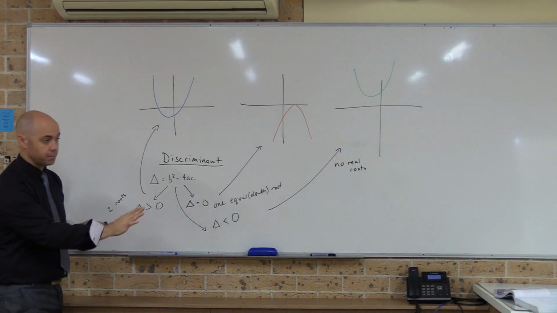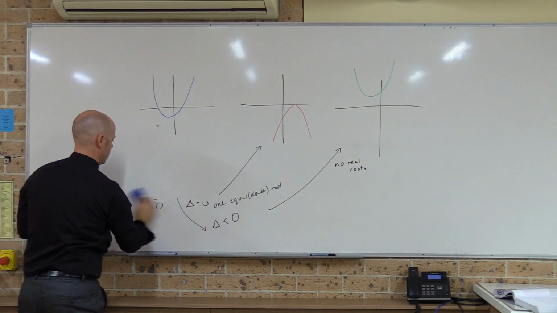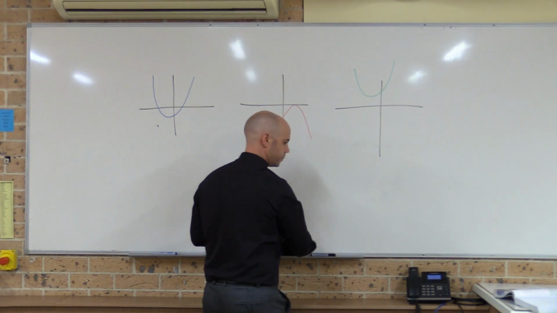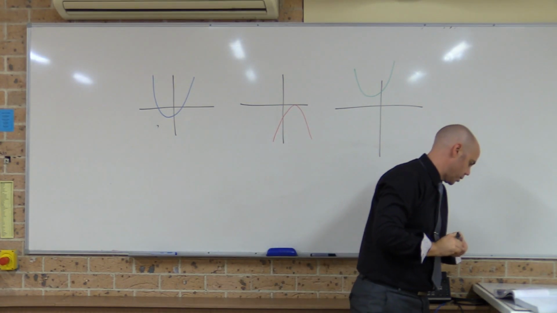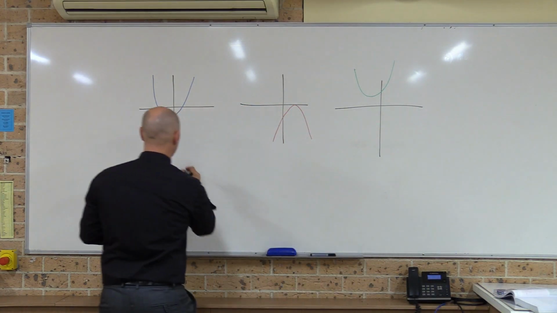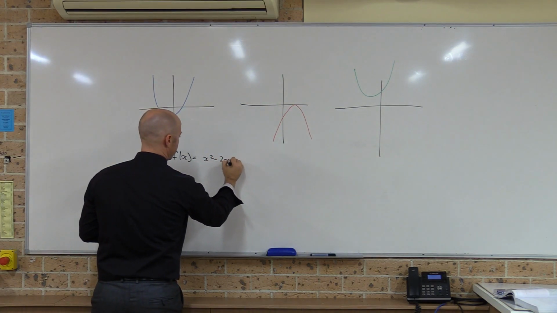Okay, can I write that out? Yeah. So consider the function x squared minus 2x plus 4.